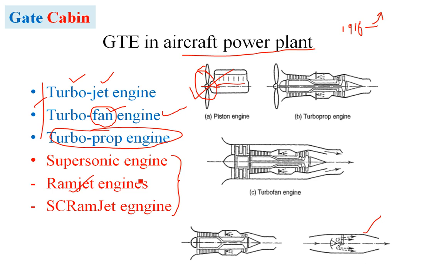It has a different mechanism and a lack of, or fewer, rotating parts. We don't have a compressor in it, we don't have a turbine in it, because these aeroplanes fly at greater than Mach number 1. At such a high speed, it becomes very difficult to use rotating components. Either the rotating components will get damaged, or they will not allow the aeroplane to move at a faster pace.